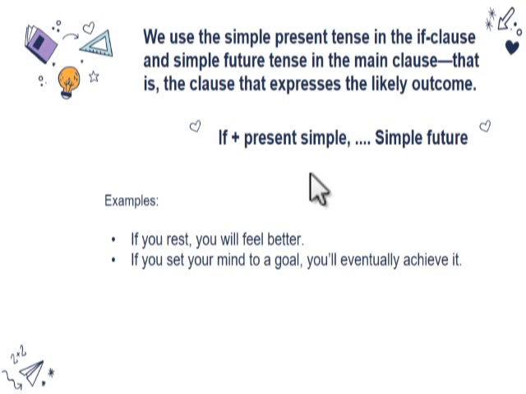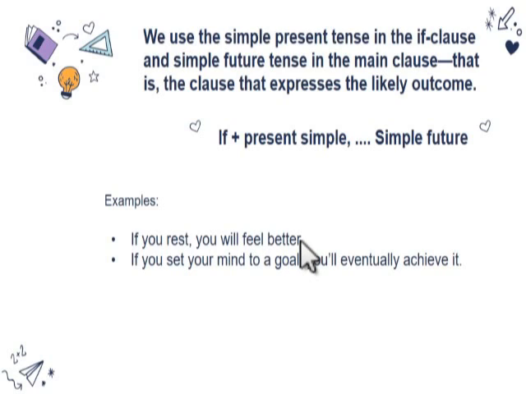For the condition you use simple present. Okay, look at the examples I have provided here. If you rest, this is simple present, right? And you will feel better. This is simple future.